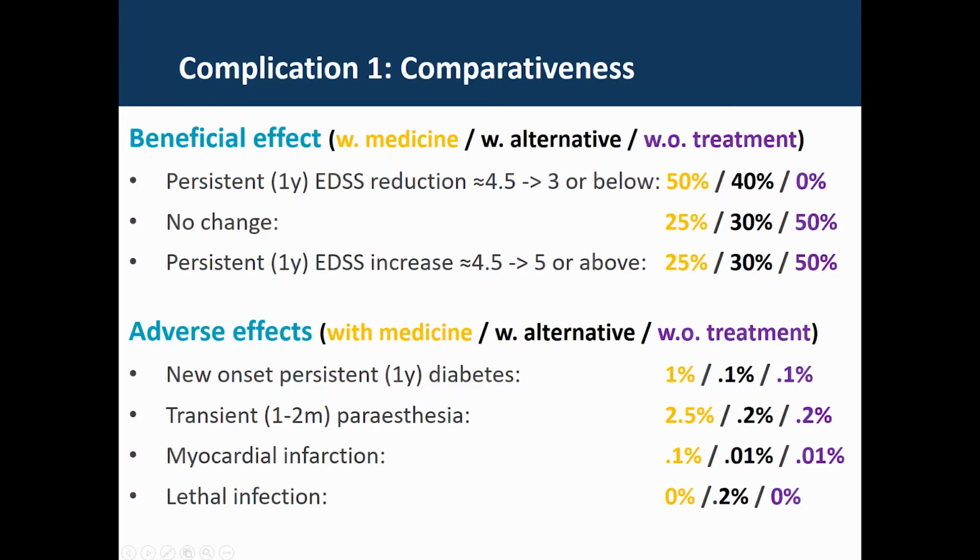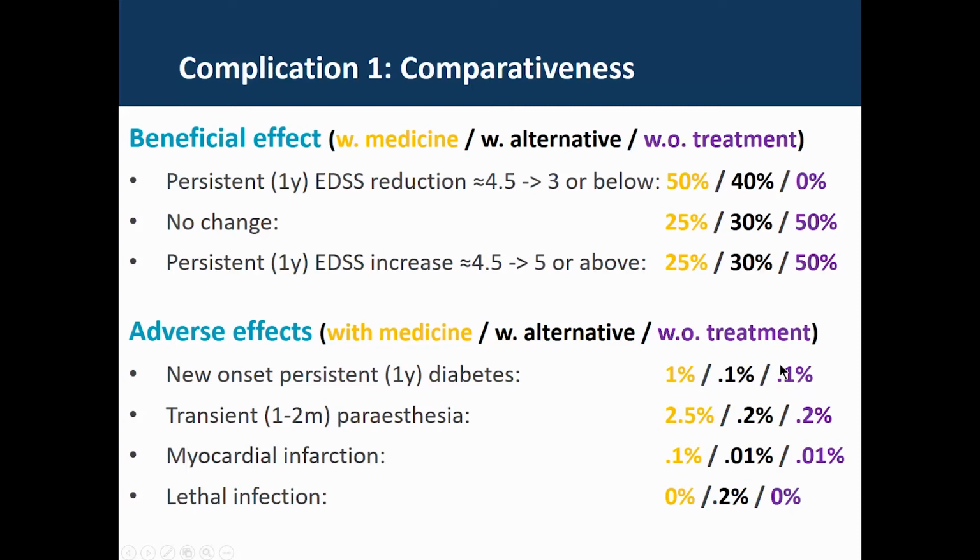At the same time, it is safer when we consider the 3 adverse effects from before. As you see, this alternative medicine has no elevated risk here compared to the non-treated patients.